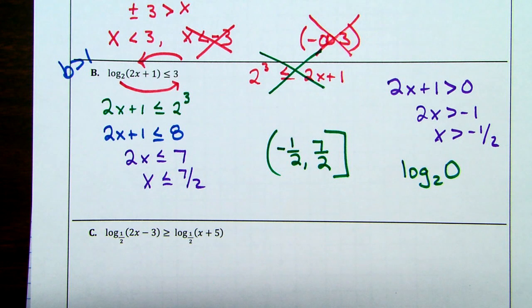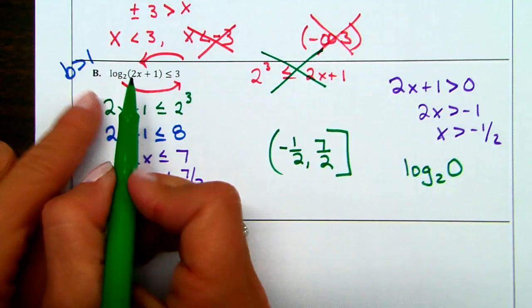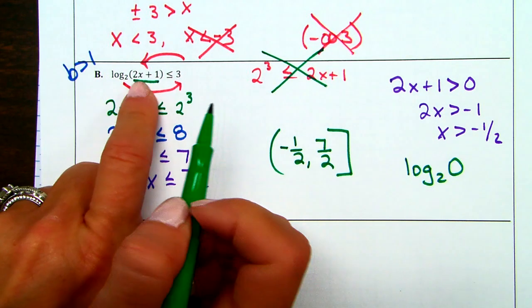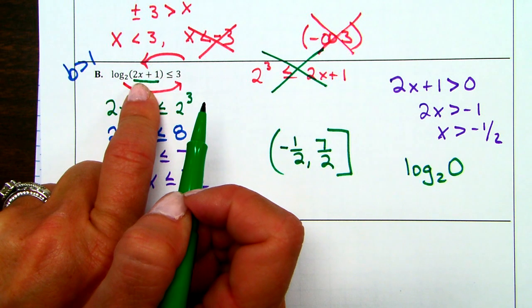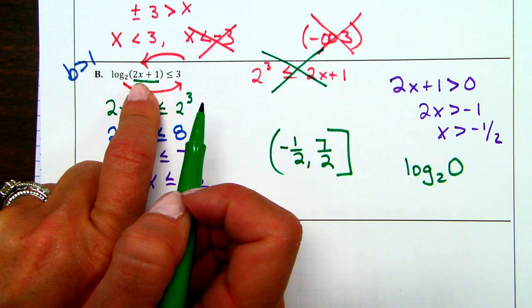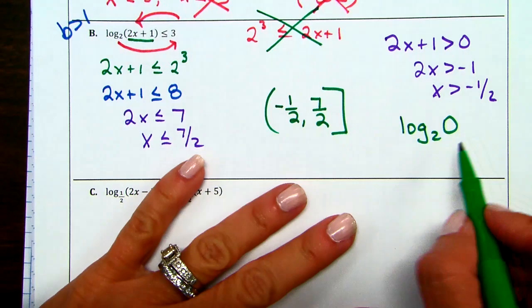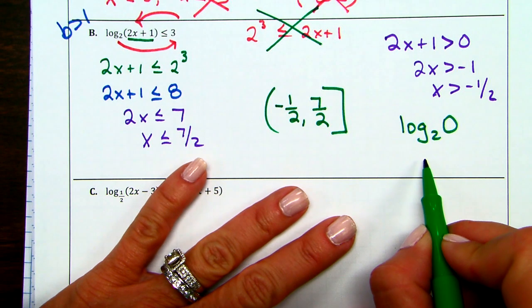That's correct. Okay, let's make sure we're saying the same thing. You can't have a 0 when you plug a number in here, right? Here?